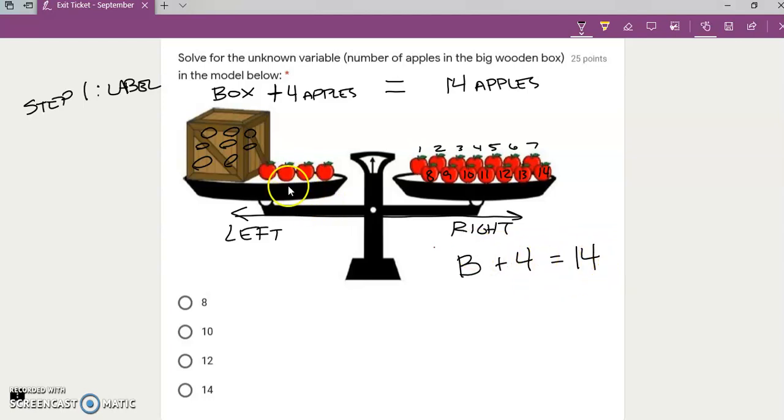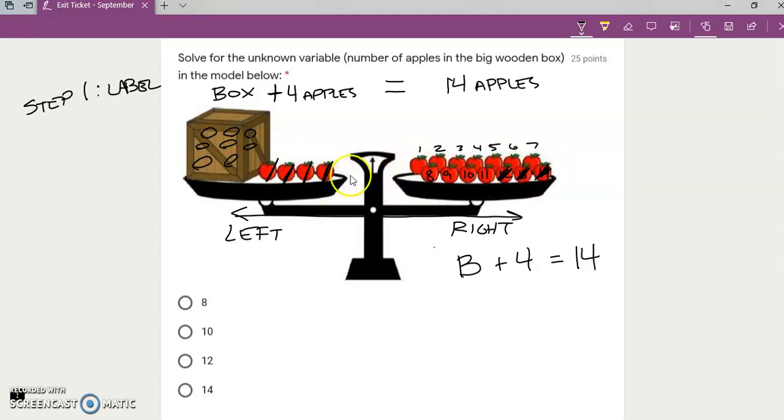Now, I want to take away these 4 apples and then take away 4 apples from the right side also, so I can only know how much the box weighs. So I say, okay, I'm going to take away 1 apple, I take away 1 apple. I take away 2 apples, I take away 2. I take away 3, I take away 3.